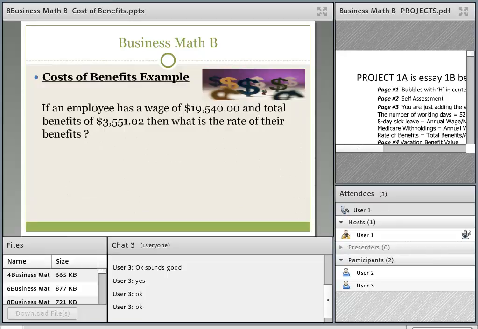Here is another example for you. Cost of benefits. If an employee has a wage of $19,540 and their total benefits are $3,551.02, what is their rate of benefits? You see the word rate there. What does rate tell us?